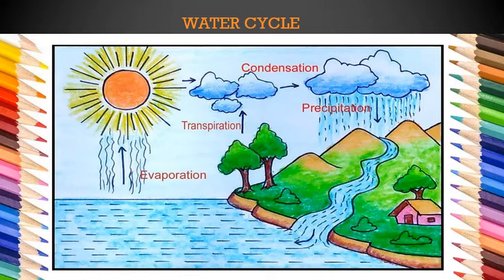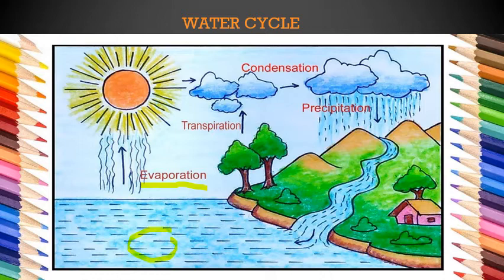First thing, water from the ocean or rivers or the water bodies starts evaporation. The process of water changing to water vapor due to the presence of sunlight is called evaporation. The water rises up. It becomes small and it rises up because of the presence of sunlight.